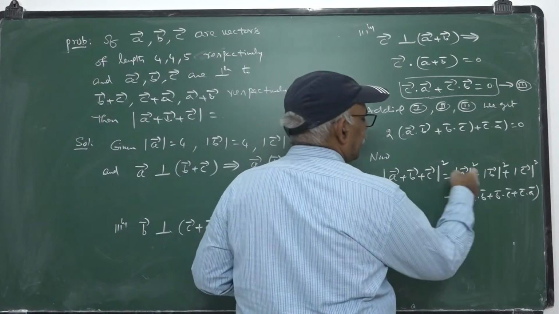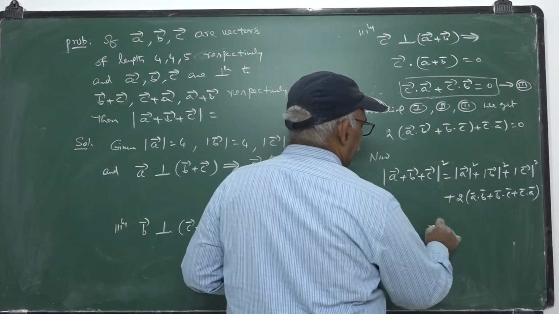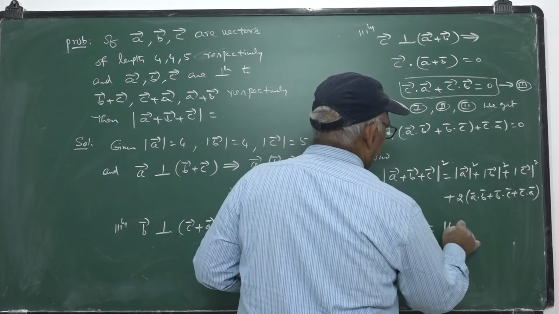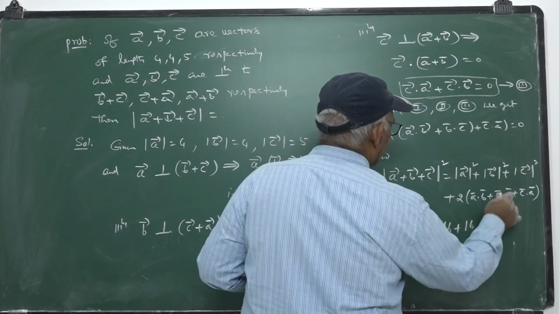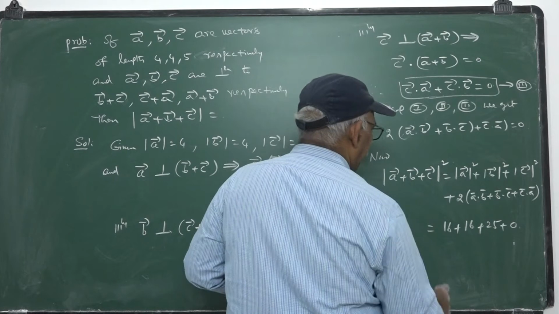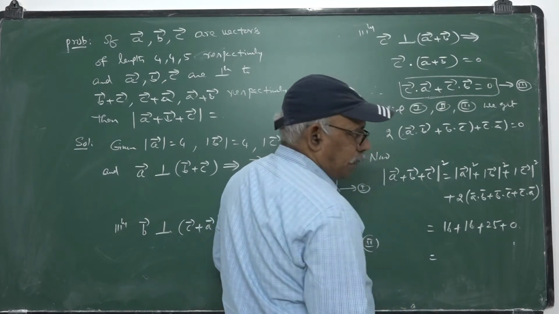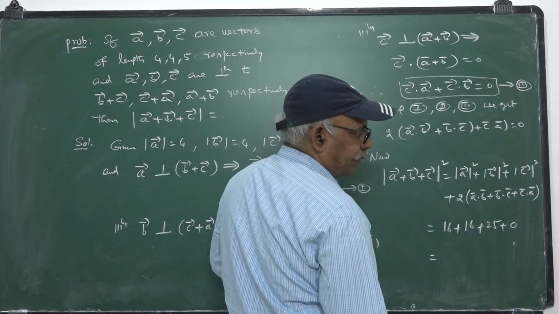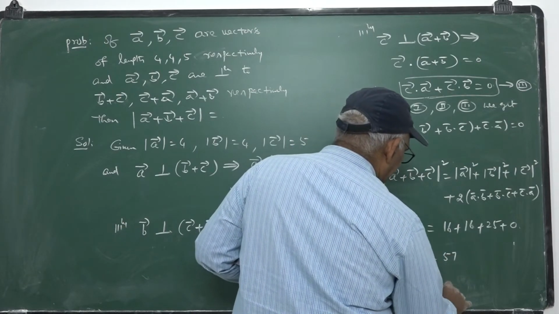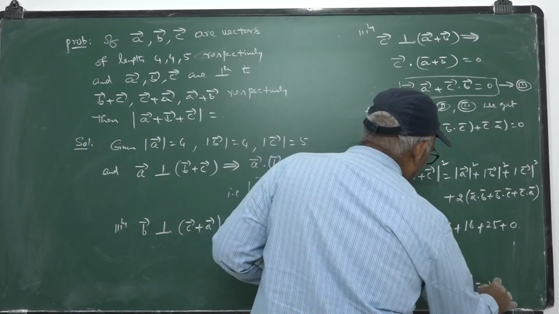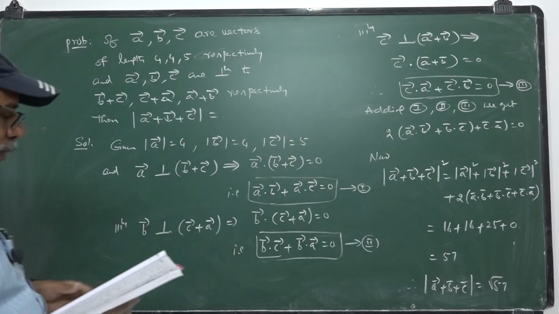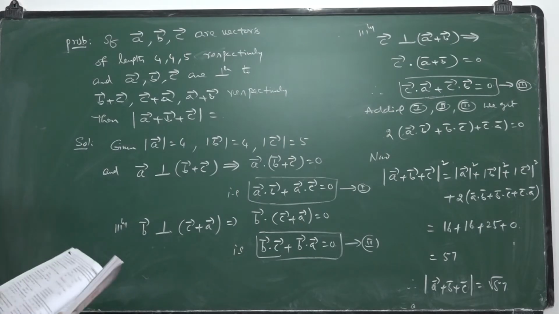So, on evaluation of the dot product, we get mod A bar square is 16, mod B bar square is also 16, mod C bar square is 25, plus 0. This is 0 clearly. So, 32 plus 25, 57. So, the modulus of A bar plus B bar plus C bar is nothing but root 57 itself. The magnitude of the vector A bar plus B bar plus C bar is root 57.